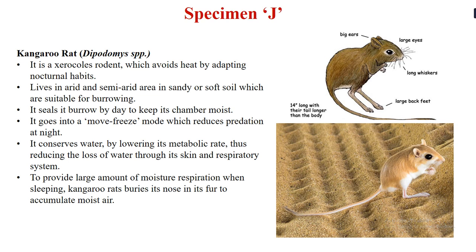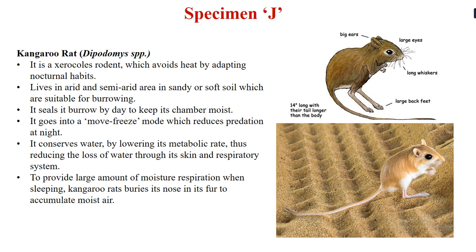During the daytime it will seal the chamber from the top so that, when inside, it can keep itself moist, and it goes into a freeze mode. When it goes into freeze mode, it reduces predation at night.